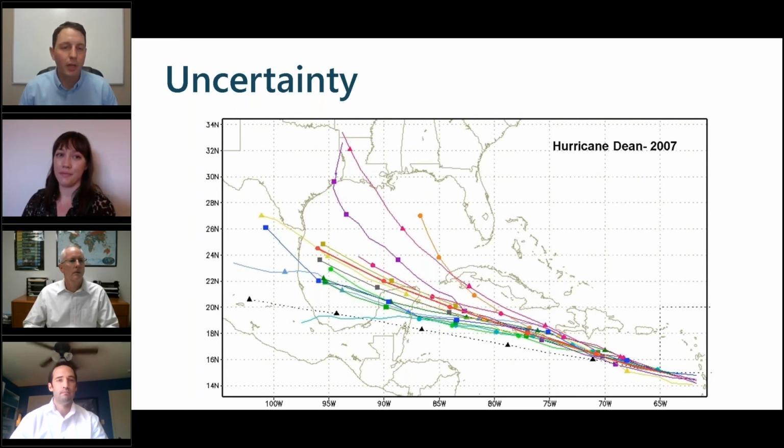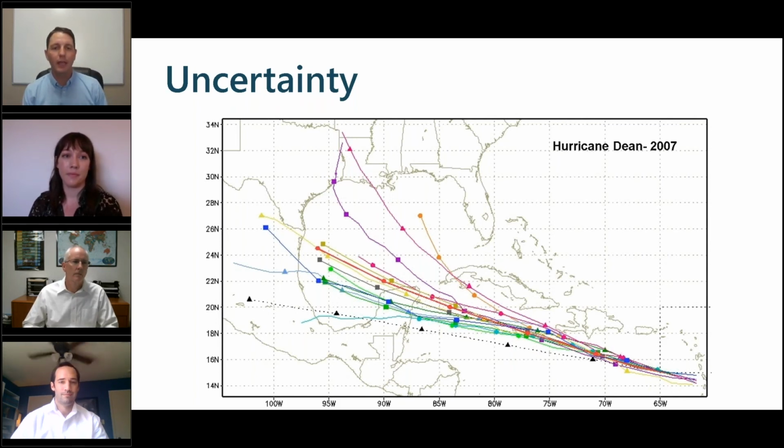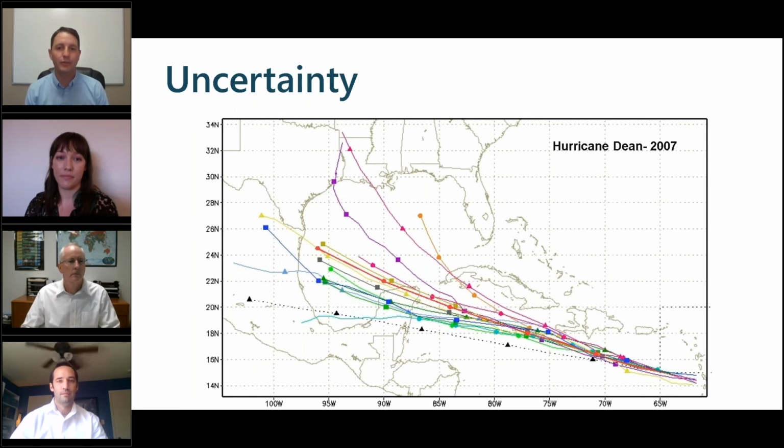I appreciate that, John, and we didn't really talk about this hurricane chart here on the slide, but as a Houstonian, and someone who had an interesting week last week trying to decide where Hurricane Laura was going to go, I have this hurricane slide up here to relate to uncertainty, because models can be uncertain and they can provide kind of fuzzy answers, in particular in the long term, and still be useful for decision making as we decide, when it comes to hurricanes, whether we're going to stay or whether we're going to go, and that kind of thing.